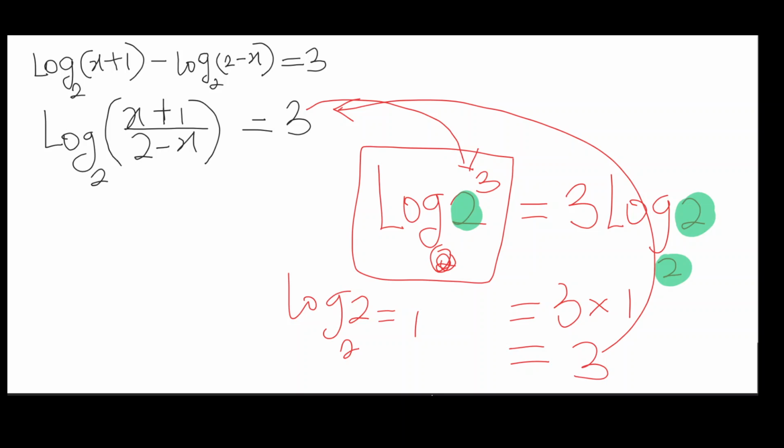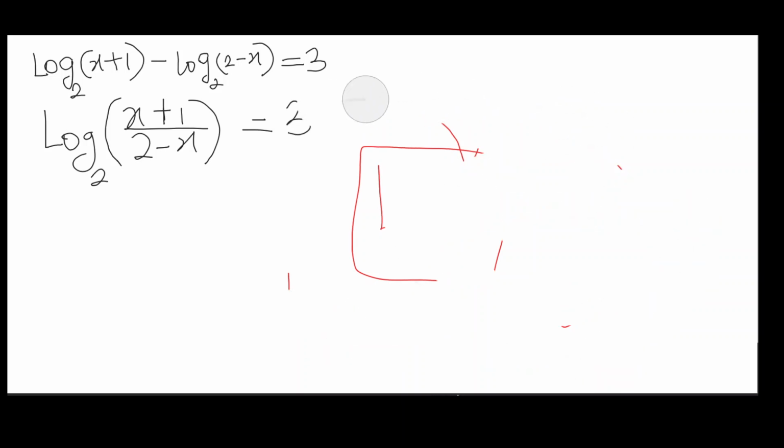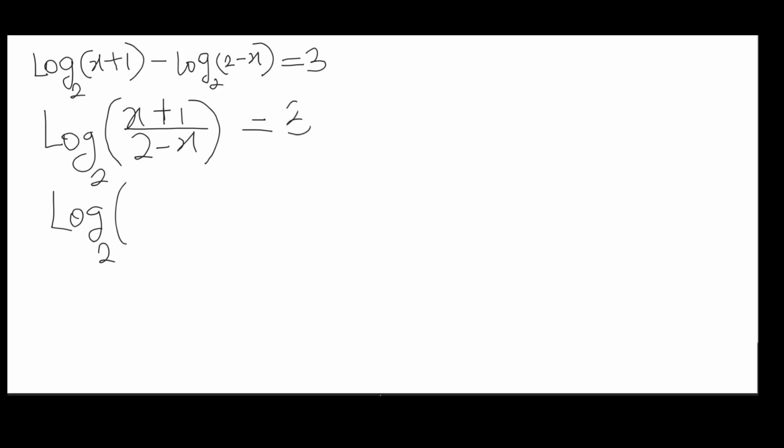And that's what I'm going to be doing now. So that's what I want to quickly get done. So instead of me having 3, I'll write it in the form of logarithm. So writing this in the form of logarithm, it becomes log base 2 here, and we have (x + 1)/(2 - x) equals, so instead of me writing 3, I'll write it as what?